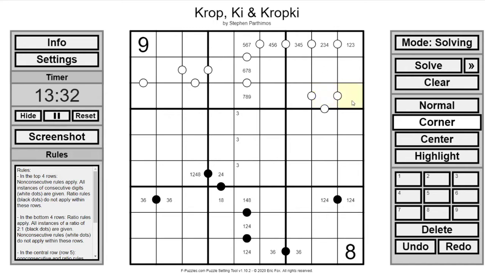What if you go 9, 8, 7? That wouldn't work, obviously. 8, 7, 6, 6. I feel like that's more possible.